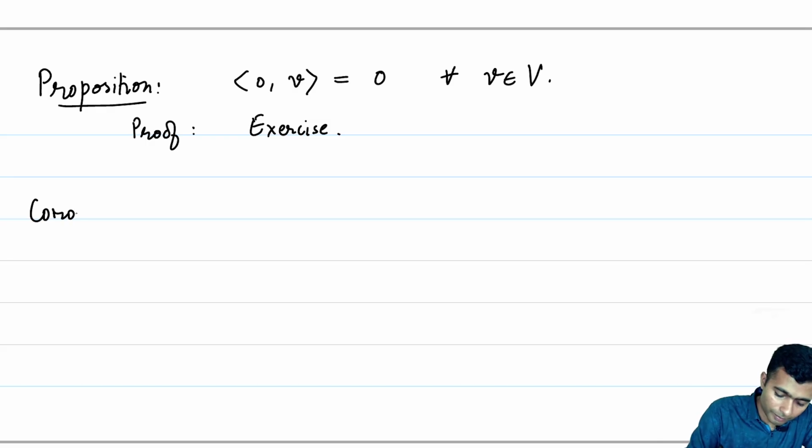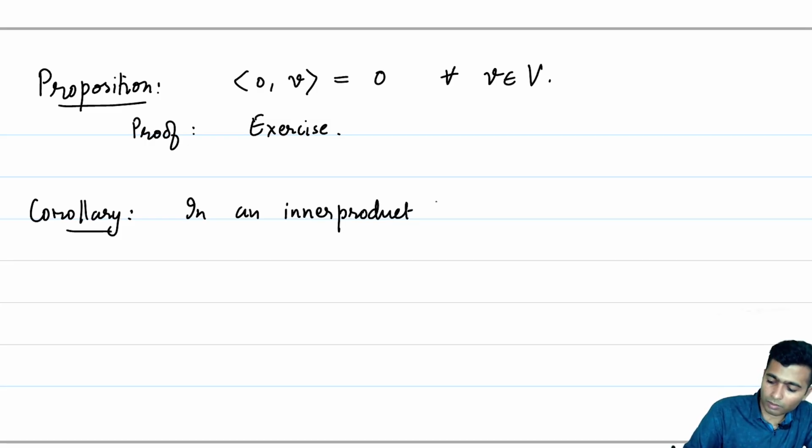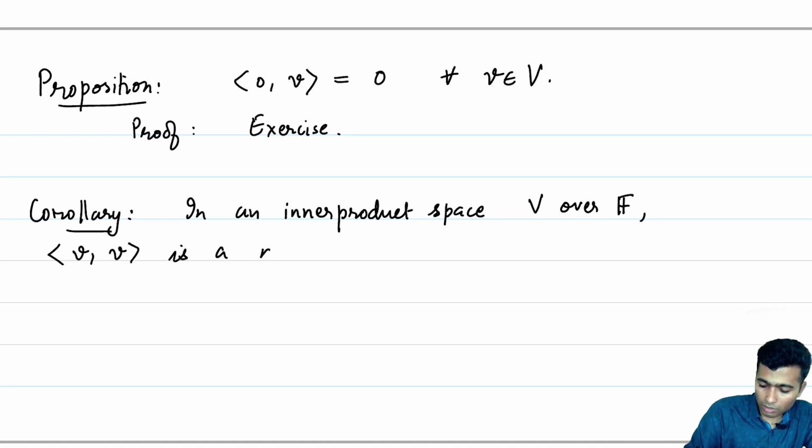Corollary: in an inner product space V over F, the inner product of v with itself is a non-negative real number.